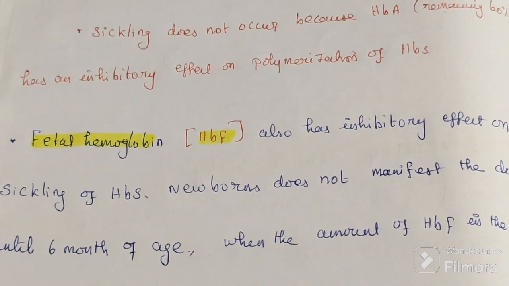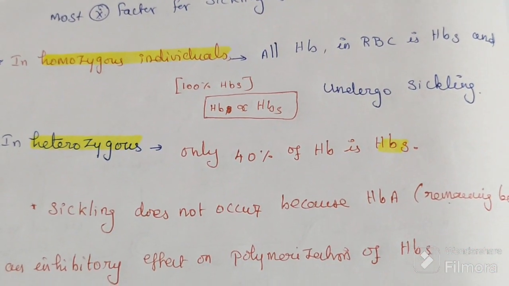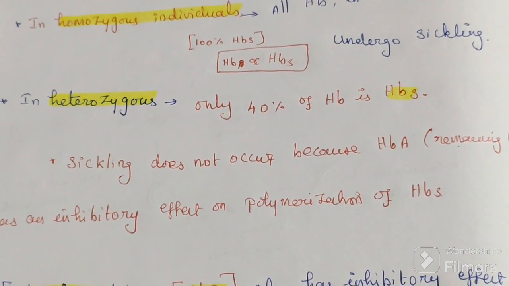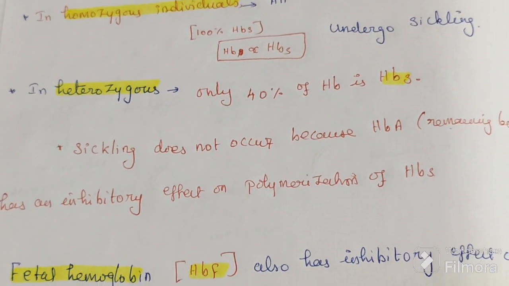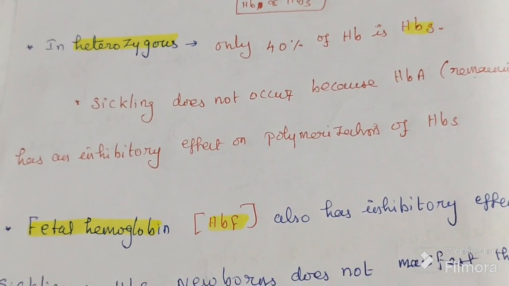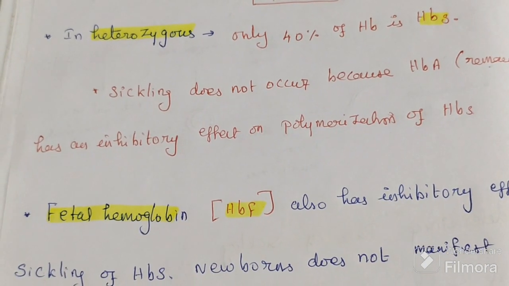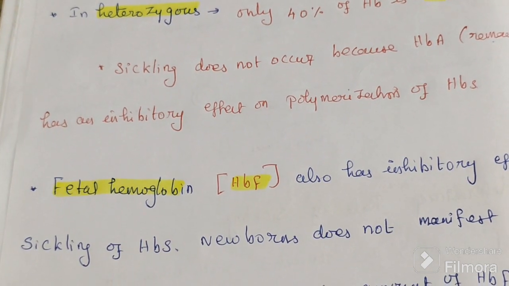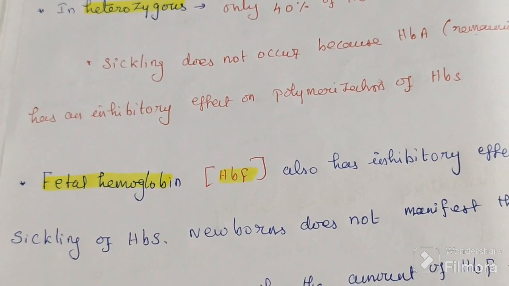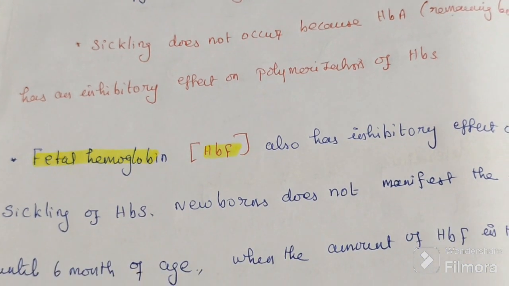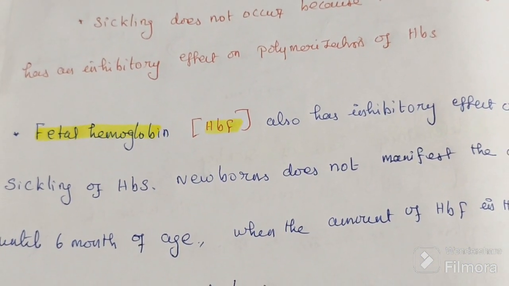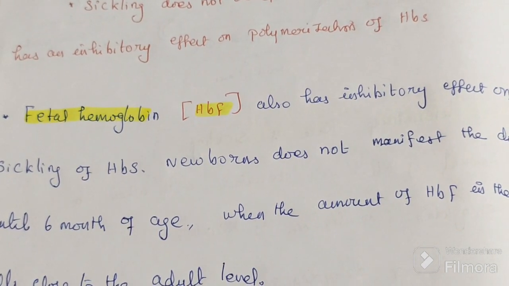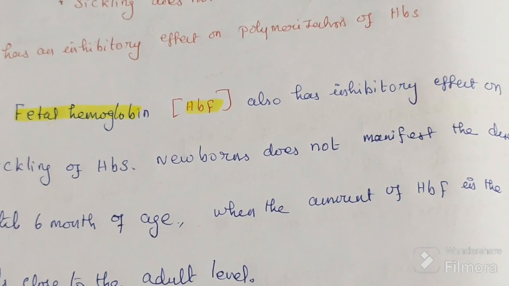This is the reason. The newborn has HbS, but HbF has an inhibitory effect on it, so sickling does not take place or takes place less, and the newborn does not face any problem until 6 months of age. After 6 months, when fetal hemoglobin is replaced by adult hemoglobin, the newborn will have symptoms.